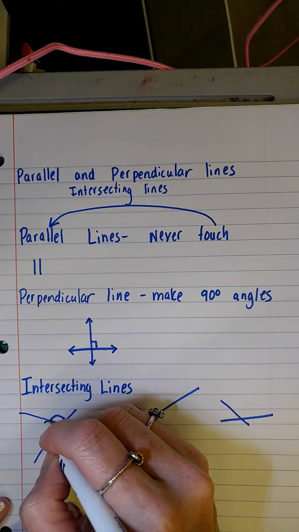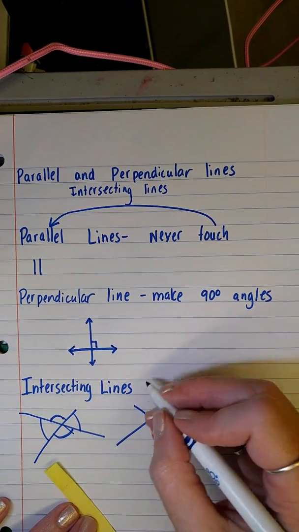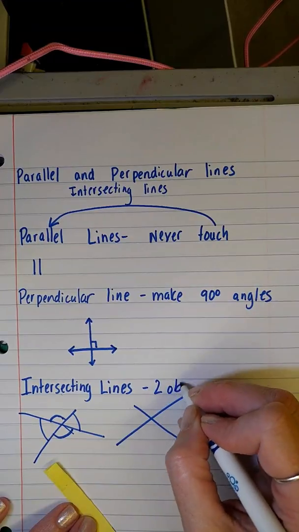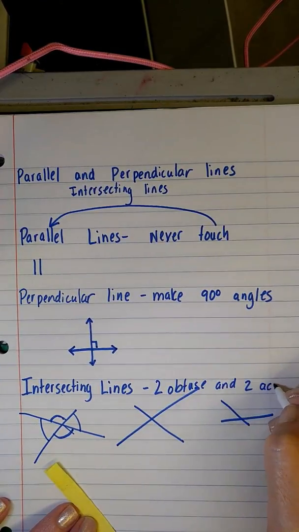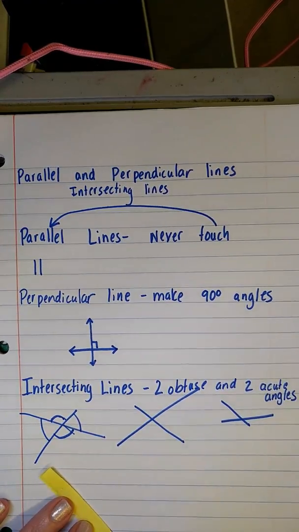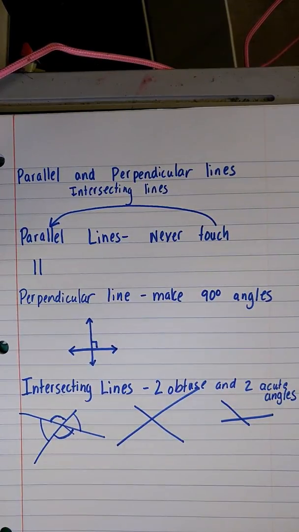These two match. And these two angles are acute. So two obtuse angles and two acute angles. Two obtuse and two acute. That was something that they had to do this week as well.